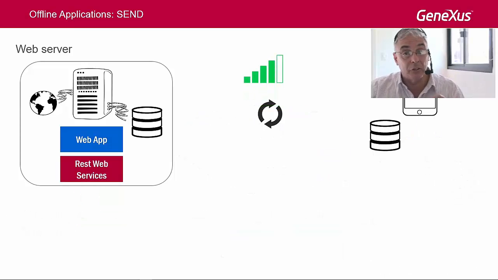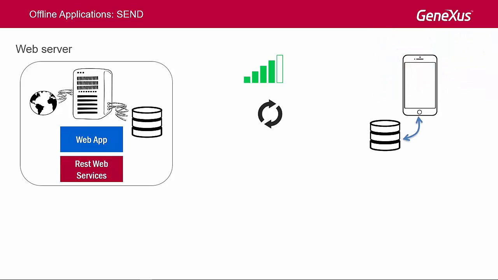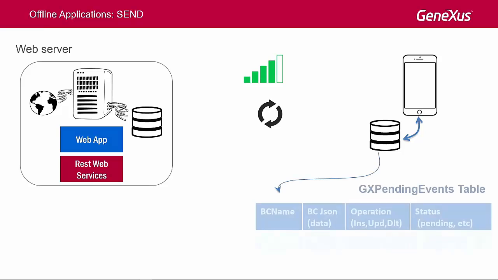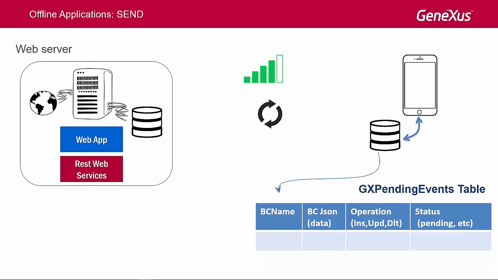Remember that regardless if there's an internet connection available, the device will always work on the local database. It will only access the server for synchronization. All changes made over the local database are saved as synchronization events in a table called GX pending events. This table stores in an ordered manner all the operations executed using business components.